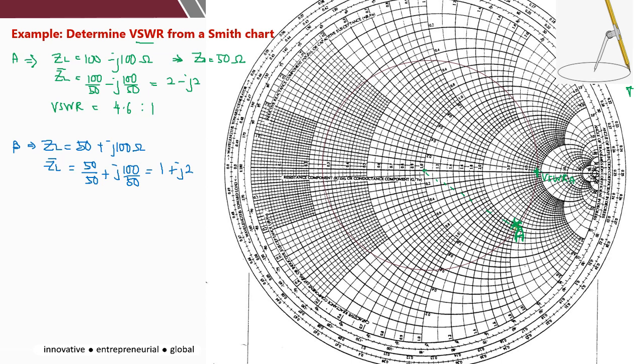Okay, plot the point onto the Smith chart. So it's 1, so here, and it's positive j on top. Positive j2, so here. So the point B is here, the cross section.